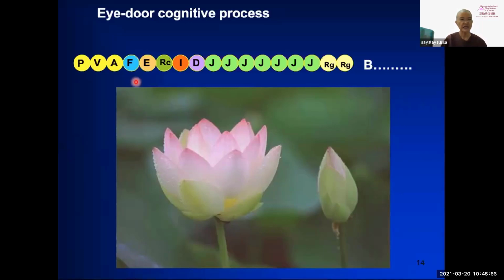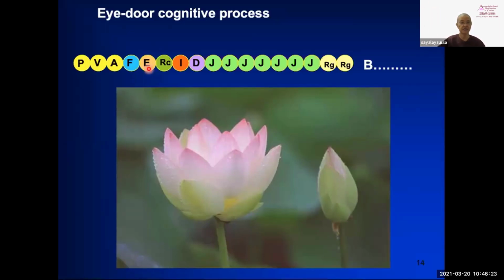So if the object is visible form, then eye consciousness arises. Okay, 5-door averting consciousness is functional consciousness. No karma involved. Then eye consciousness arises, sees the visible object. Its function is seeing.